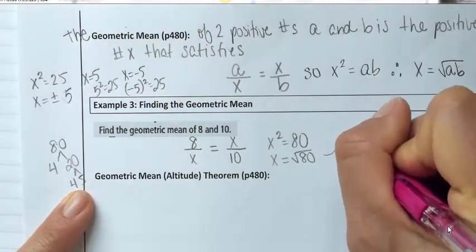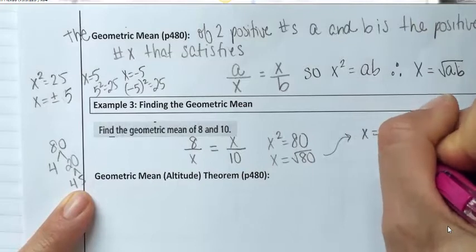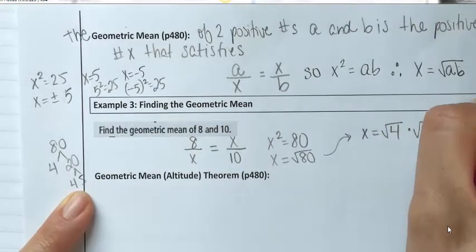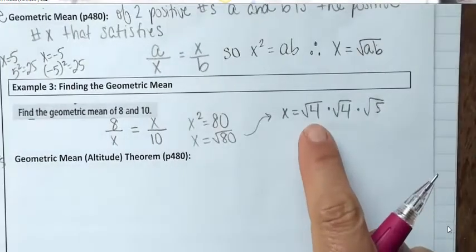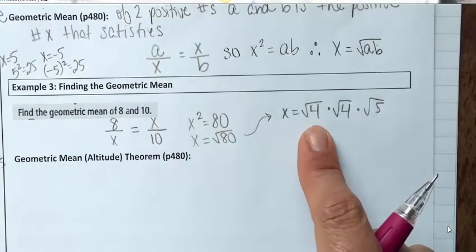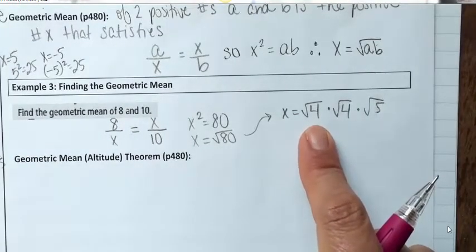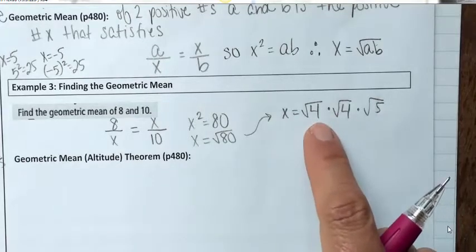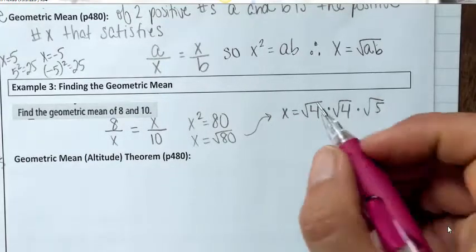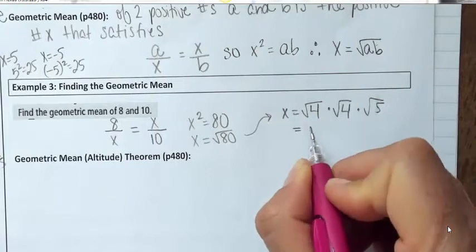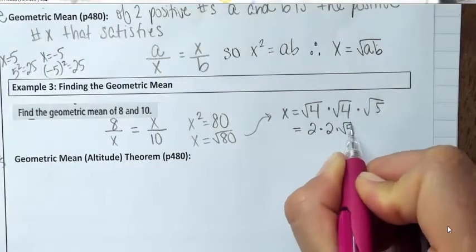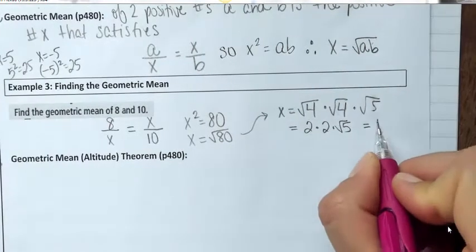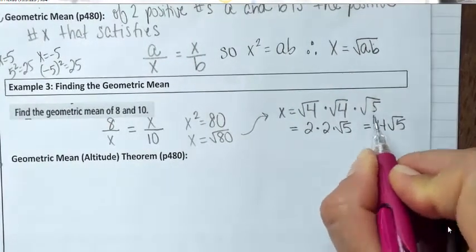So really, X is equal to the square root of 4, square root of 4, square root of 5. And maybe some of you guys are like, Miss Frisk, 80 is really 16 times 5, right? That's what this is right here. Okay, so simplifying this even further, the square root of 4 is 2, square root of 4 is 2, root 5. Or in other words, I'm just going to write it over here, 4 root 5.